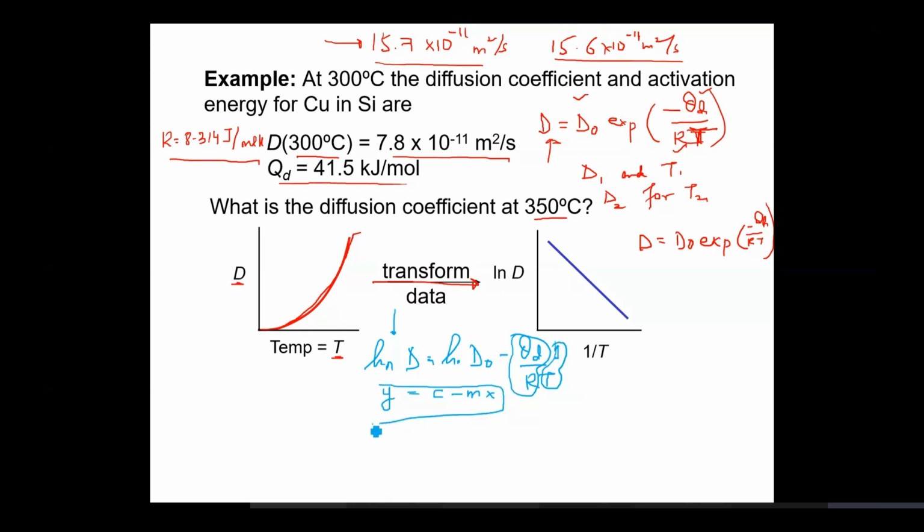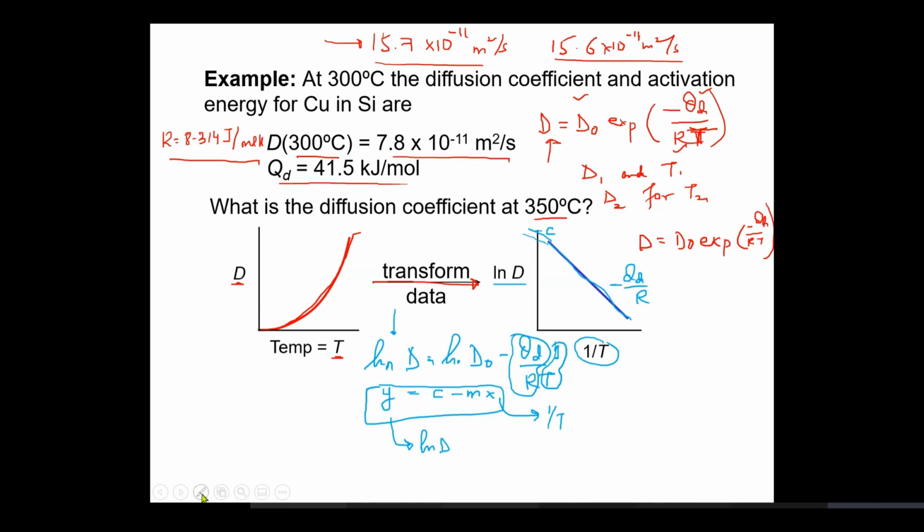So it's an equation of a straight line where x is 1 over T and y is natural log of D. If you draw a plot between natural log of D and 1 over T, you will get a straight line in which the gradient is minus QD over R. It's a negative sign, and the line would cut the axis at a point somewhere at c. It's a constant. All right.